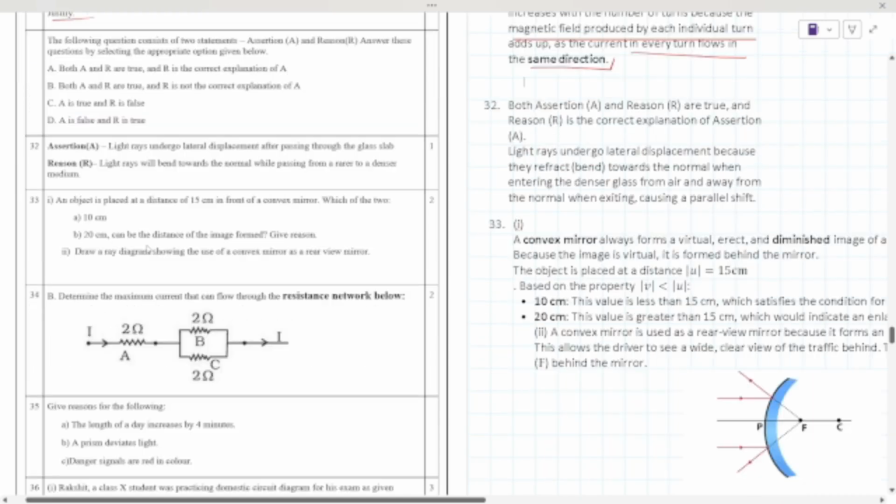Now let's see again the assertion and reason. The assertion says a light ray undergoes lateral displacement after passing through the glass slab. I think it's true.